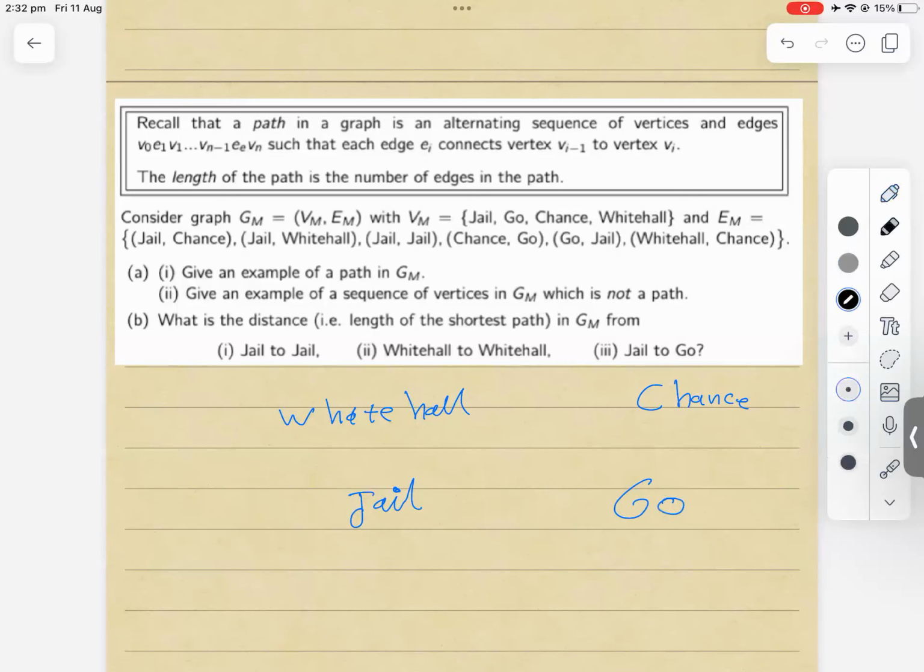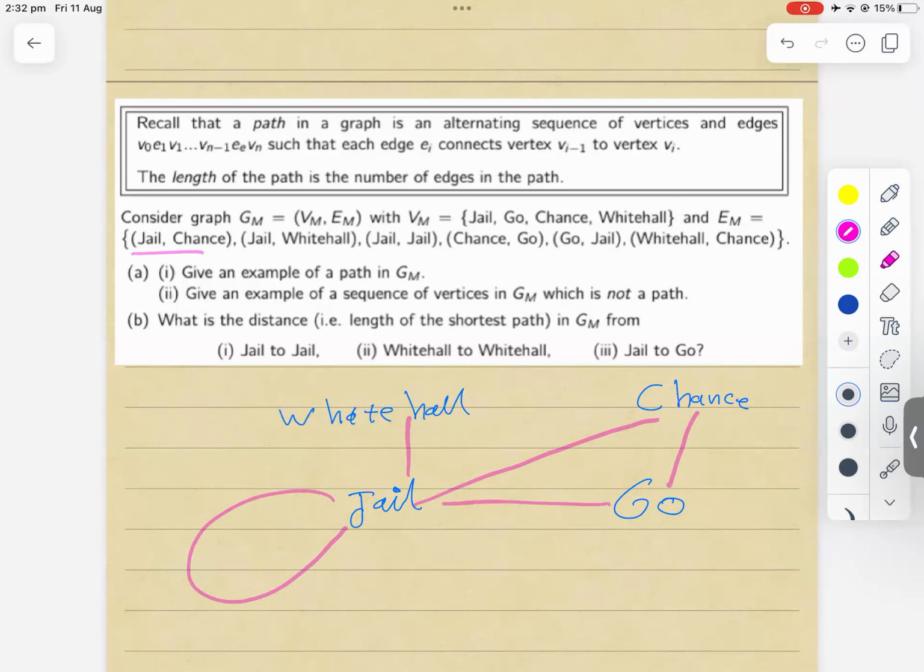Okay, so how about the edges? Edges: jail and chance, jail, Whitehall, jail to jail, okay. Chance to go, to jail, okay. Whitehall to chance. Okay, so this is one way that you can do this one. So this is the graph GM.